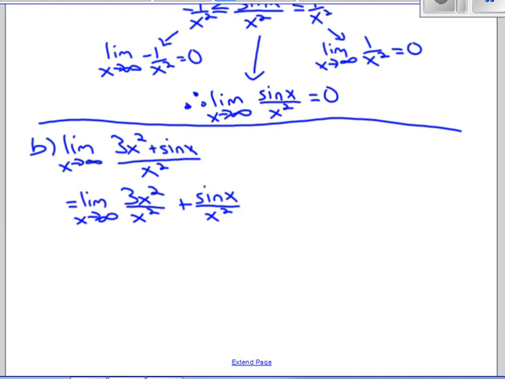Okay, just splitting apart that fraction. Clearly, this first one is going to be 3. And this part right here, we just found it in part A. It's a 0. So that word hence, it means from here or using what you just found.